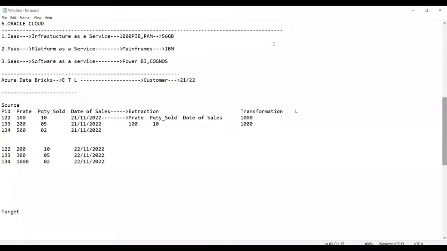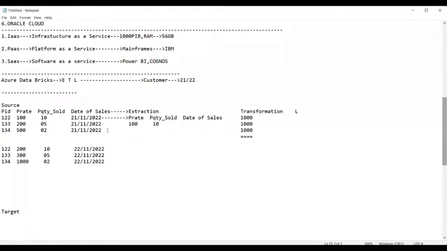Now, guys, see here. We were discussing the calculations. 100 into 10 is 1000. 200 into 5 is 1000. 500 into 2 is 1000. Now calculate the sum of these three.